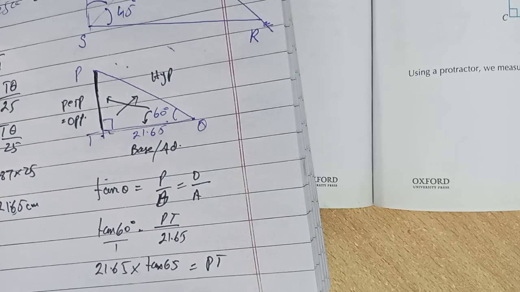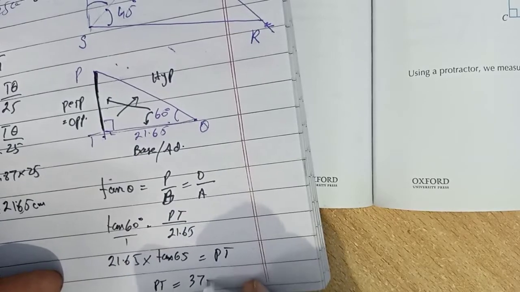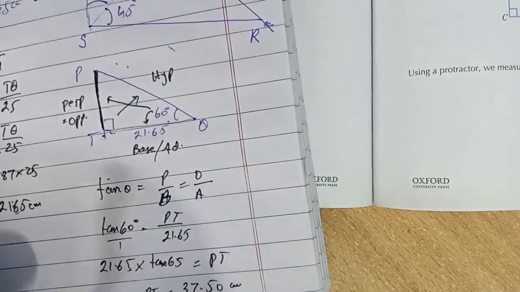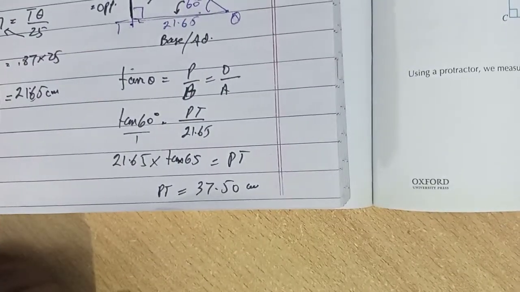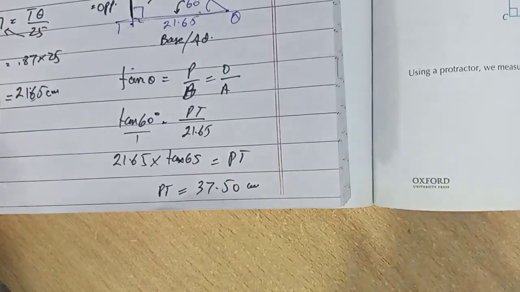The calculator is giving me the answer 37.50 on rounding off, 37.50 centimeter. To do cross multiplication, this.